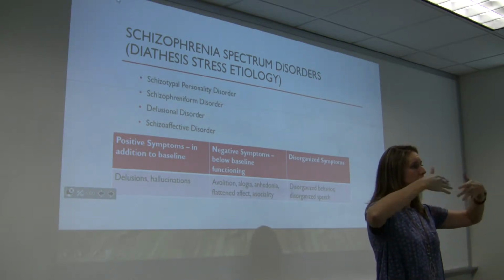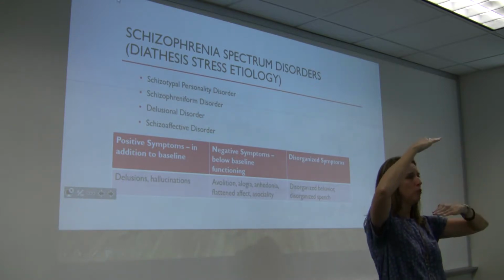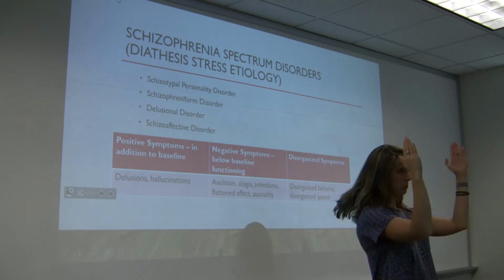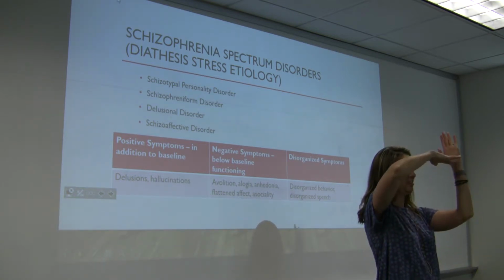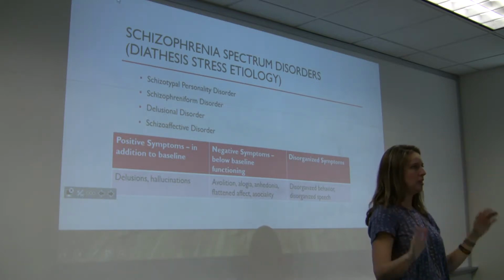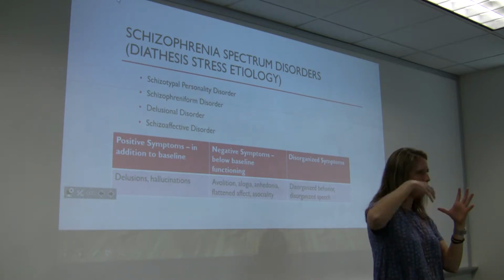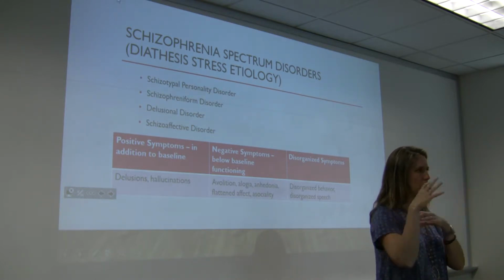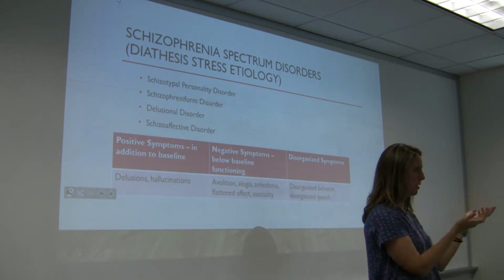Those sorts of insults to the development can push you over, right? You have your cup. Remember the cup? Your diathesis is the liquid that's in the bottom of the cup. The stress continues to fill the cup up, and if you hit that threshold, it overflows into the disorder. Remember? And then there's that genetic environment reciprocal model where you might have some temperament predispositions that also contribute to that, right?